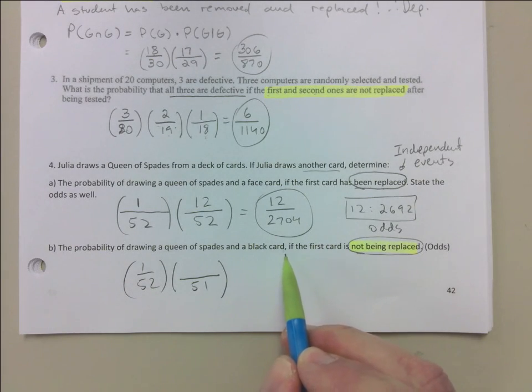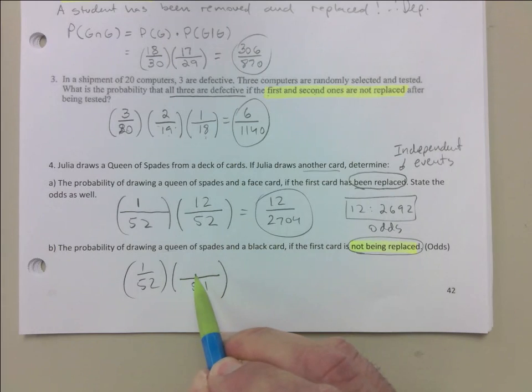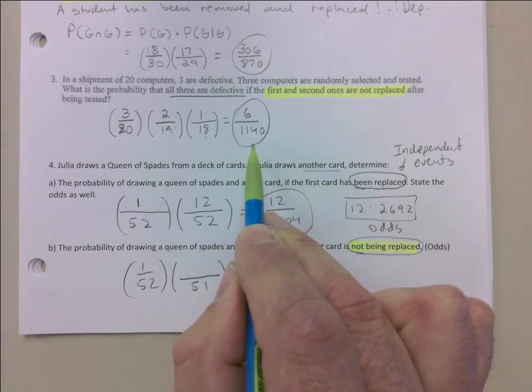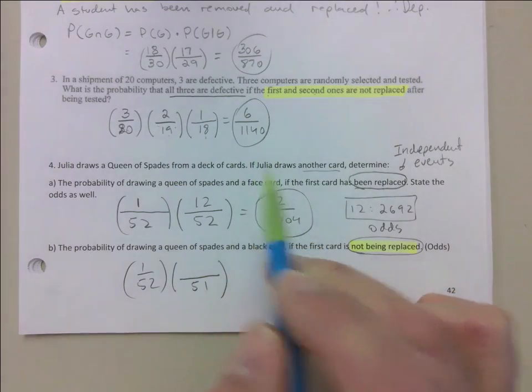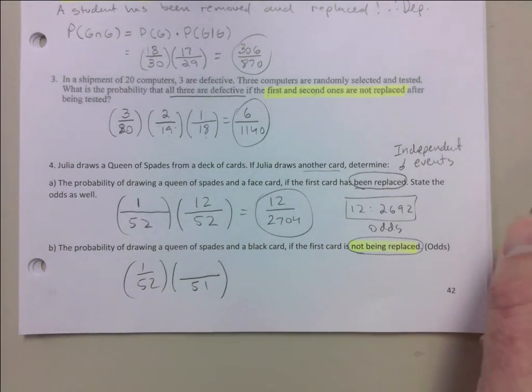Do I need to worry about the first event when it comes to the top number? Yes? You get a different denominator? 6840, is that more like it? I read the reduced fraction, my bad. Thank you.